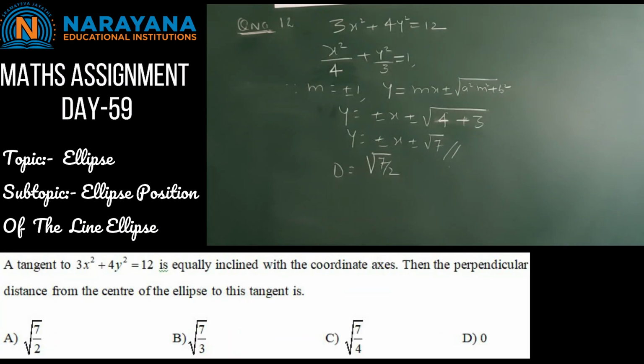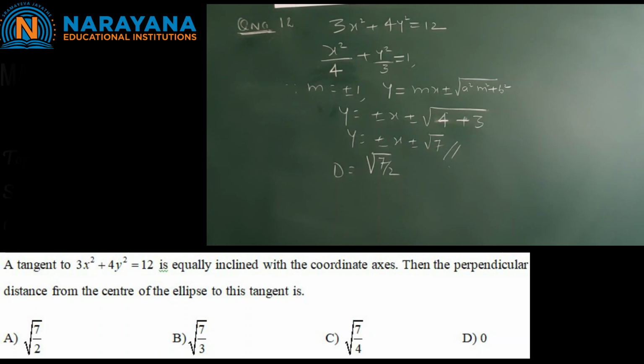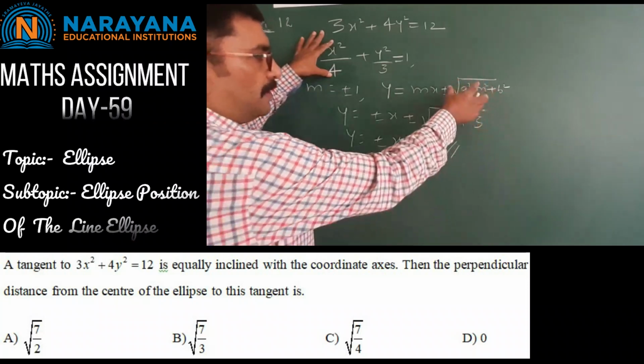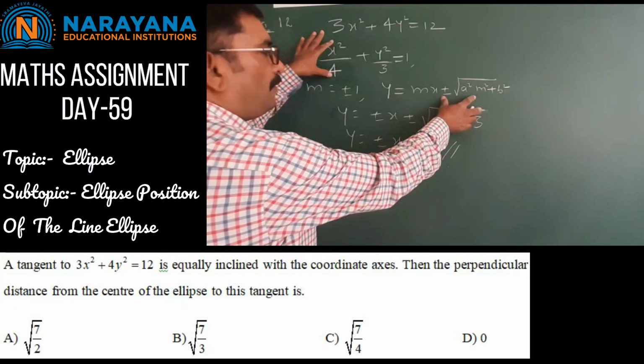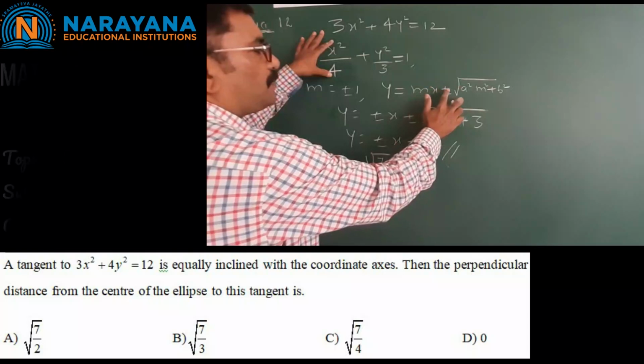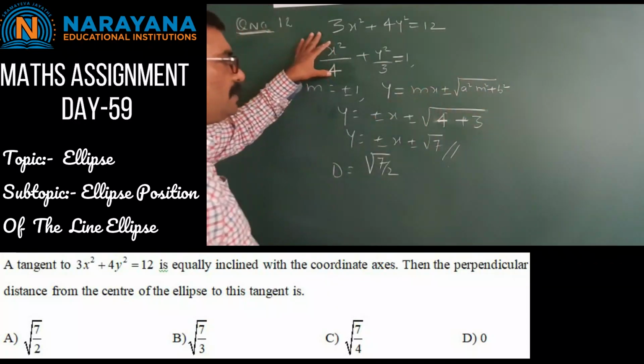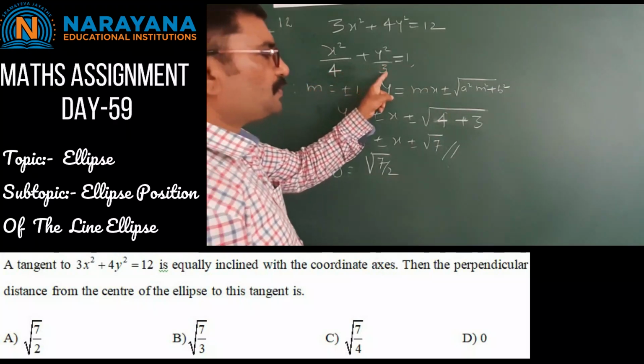In question number 12, a tangent to the ellipse is equally inclined with the coordinate axes, then find the perpendicular distance from the center to the tangent. For this ellipse, the tangents are in the form y is equal to mx plus or minus square root of a square m square plus b square. A square is 4, b square is 3.